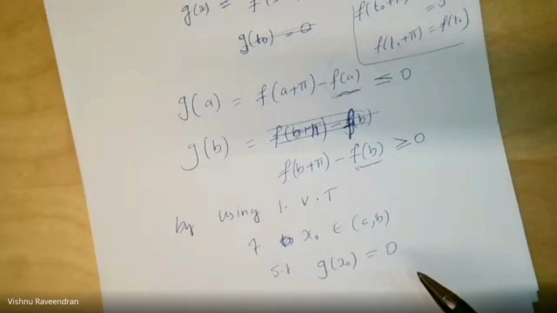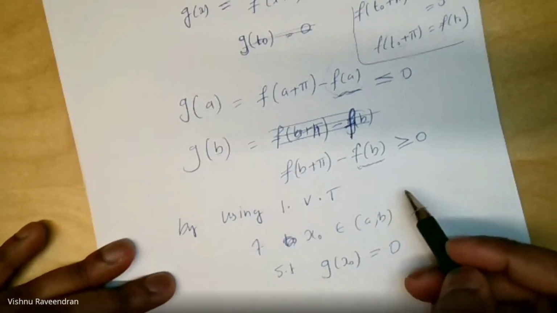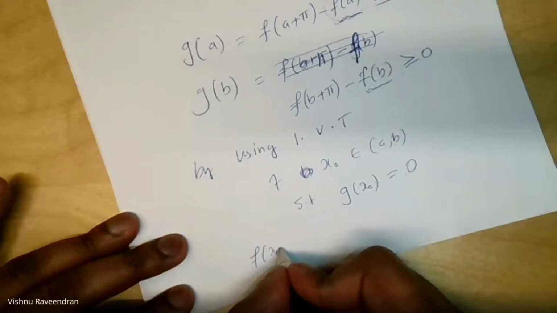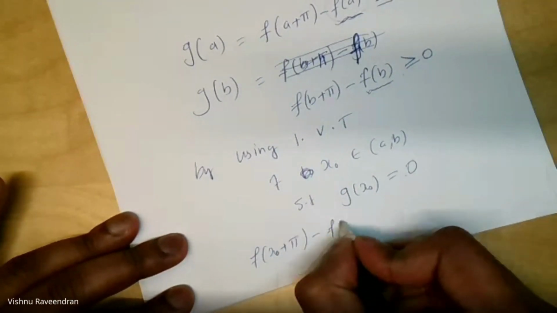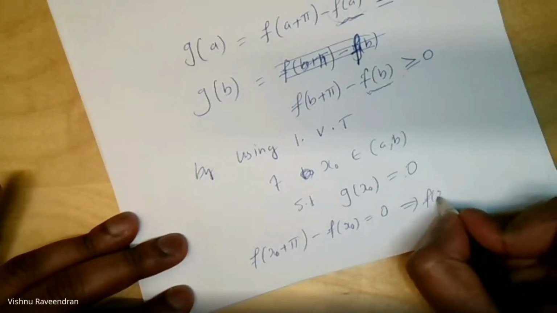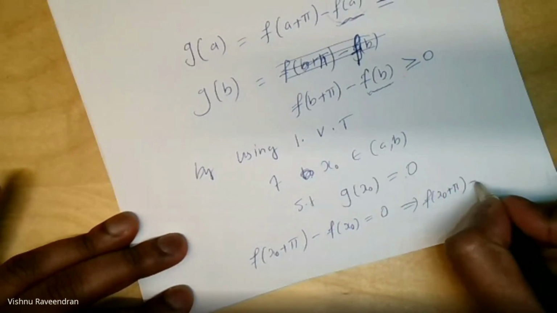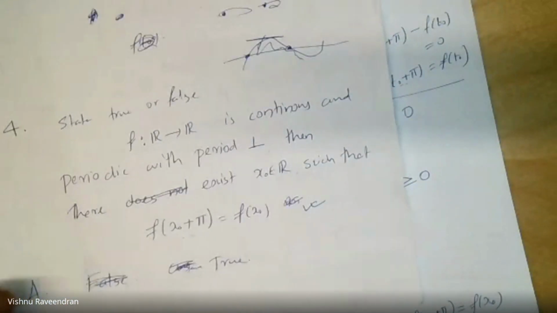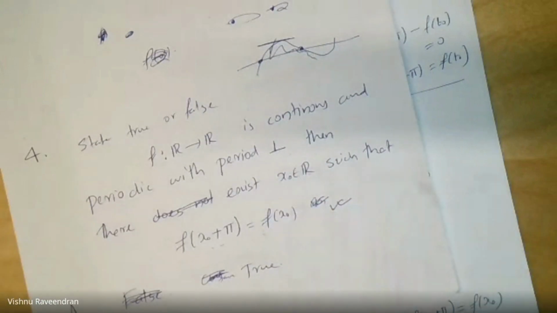So g of x naught equal to 0 means f of x naught plus pi minus f of x naught equals 0. This implies f of x naught plus pi equals f of x naught. So the statement is true.